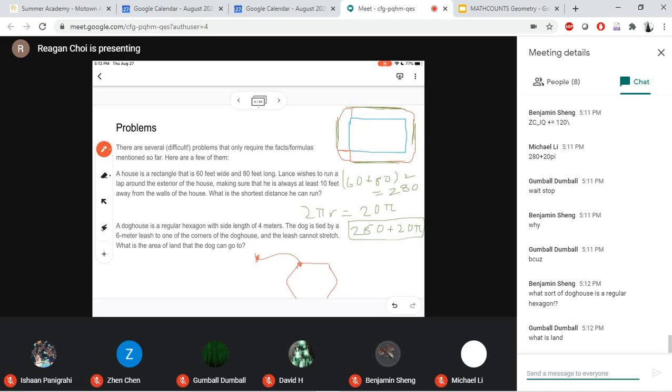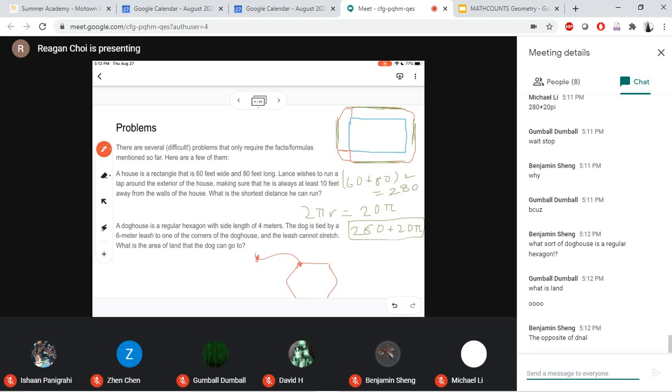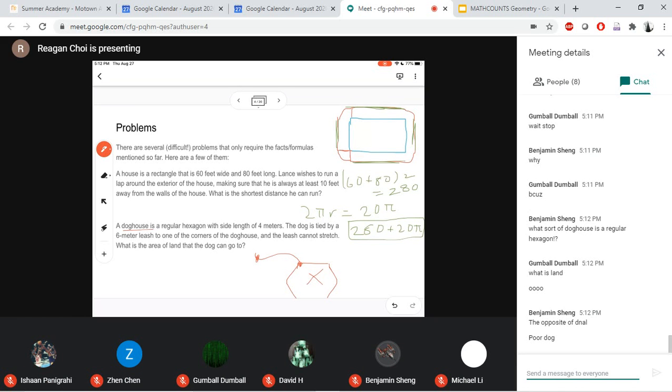What is land? Yeah, you can't go in the doghouse, I guess. That should probably be specified, my bad. Actually, that's not very specified. Dogs should stay outside, and you can't go inside.